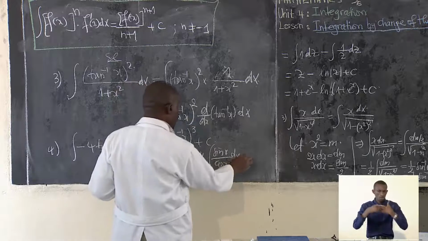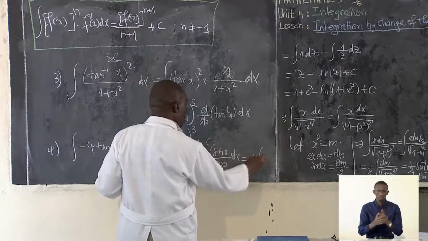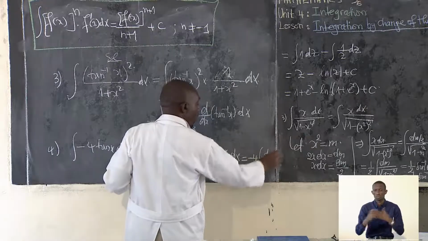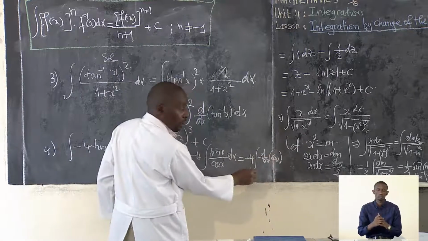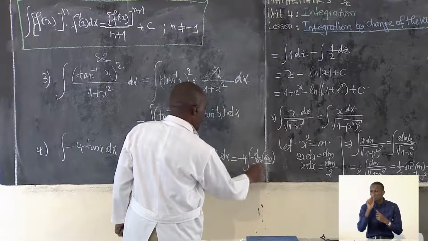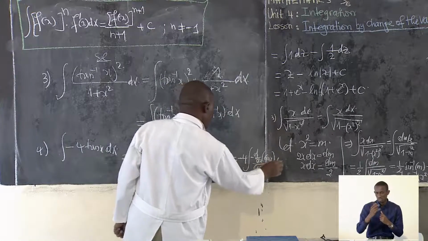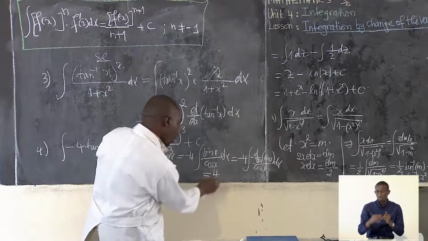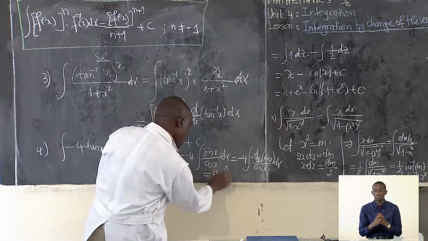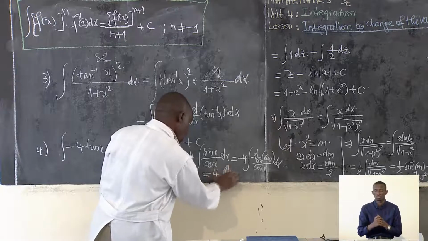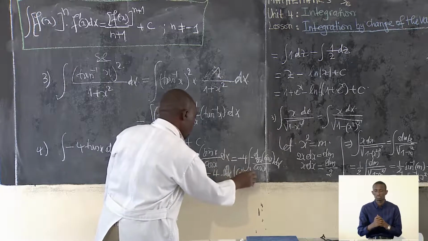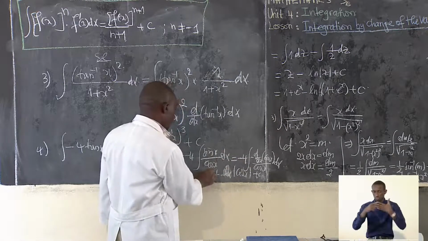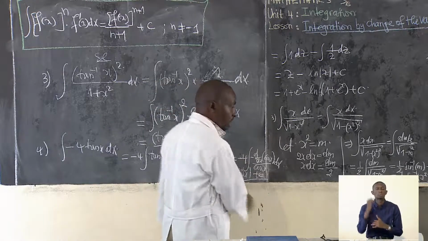It means that I have negative 4 times the integral of minus d/dx of cos x divided by cos x dx, which is equal to 4 ln of cos x plus c. The negative sign is there, and I'm done.